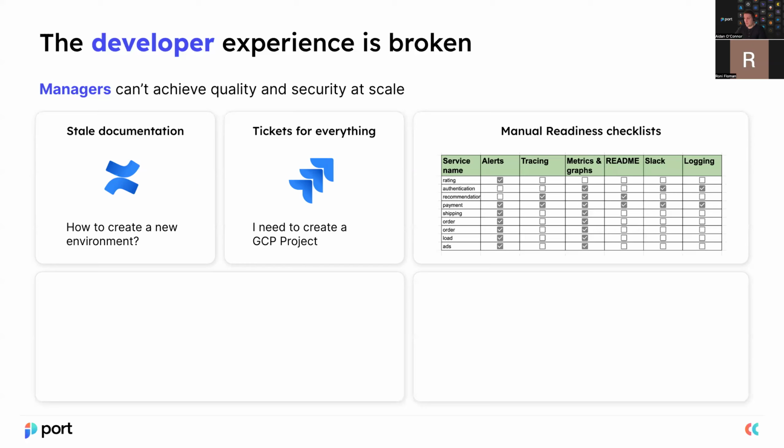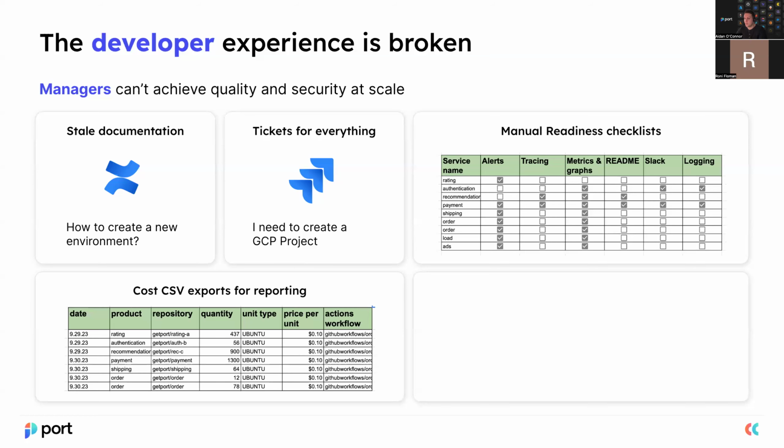Manual readiness checklists. We talked to some large customers that maybe once a quarter will put out a data call where you can fill some things in. Not very much automation there, and it's difficult to drive initiatives to improve software quality. CSVs for expense reporting, for GitHub workflows or pipelines actions, or cloud costs is another big one.